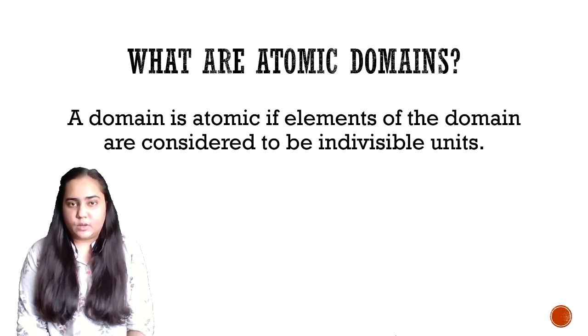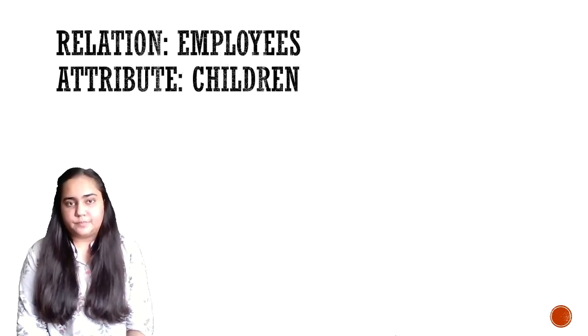A domain is atomic if elements of the domain are considered to be indivisible units. And that means you have a column, and whatever values you're storing in that column must be indivisible. And you'll come to know what that is when I give you some examples here.